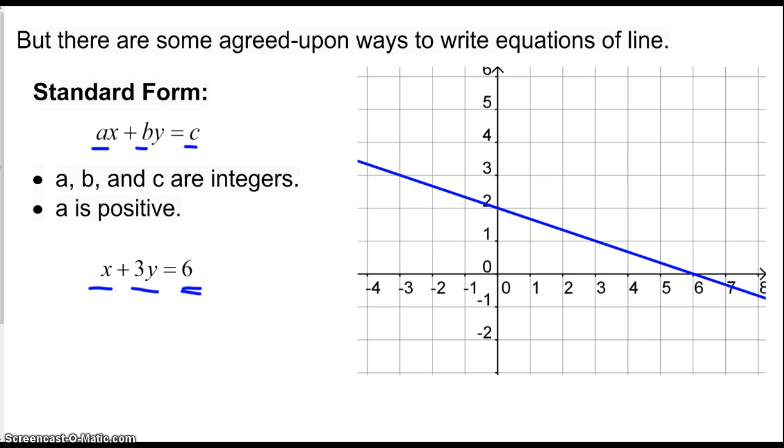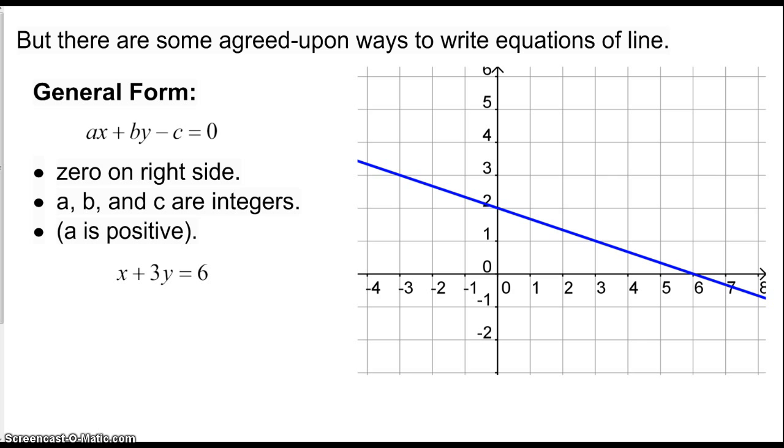And then the other restraint is that the first one, the x term, must be positive. So you couldn't have -x minus 3y equals -6. You would have to multiply everything by -1 to force that leading term to be positive for it to be considered in standard form. But standard form equations have an x term and a y term on the left side and a number term on the right side. Okay, that's called standard form: ax plus by equals c.